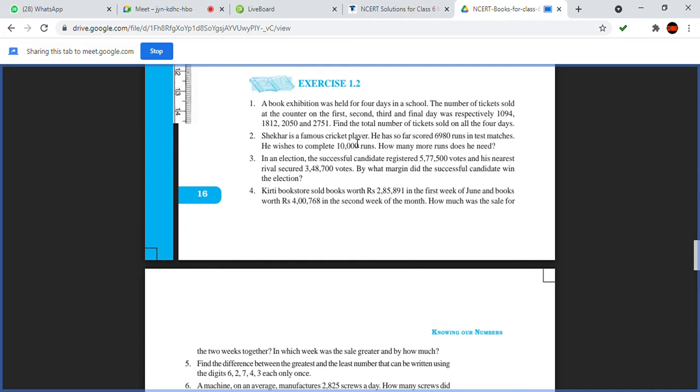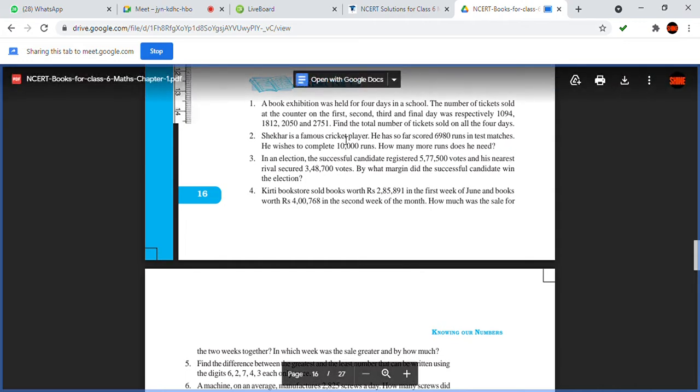Then after you write number of tickets sold on fourth day. That is 2751. All those values you can see in your textbook or otherwise on this board.